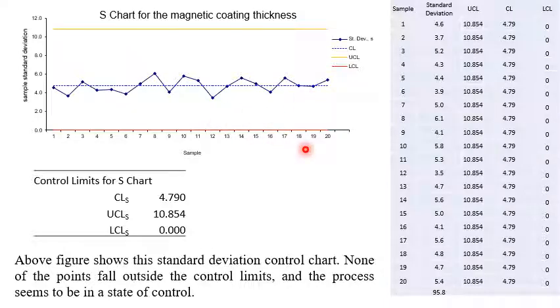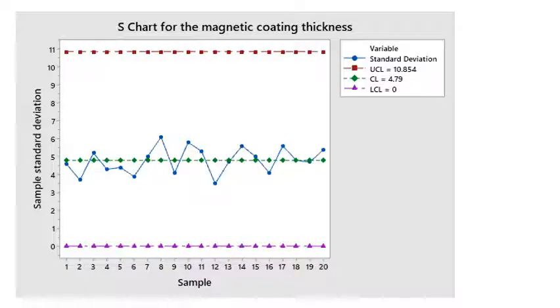Next we will see the same S chart in Minitab. This is the same graph, but prepared in Minitab. Previously we prepared the graph in Excel, but here we see the graph from Minitab software. This line shows the lower control limit, and its value is 0.